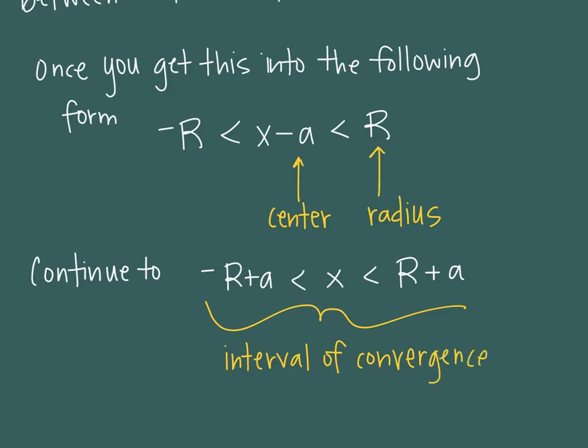What that will say is the power series you started with will be forced to converge if and only if x is constrained between these two numbers. So you come up with a constraint on x. If x is between here and here, then the original power series will converge.